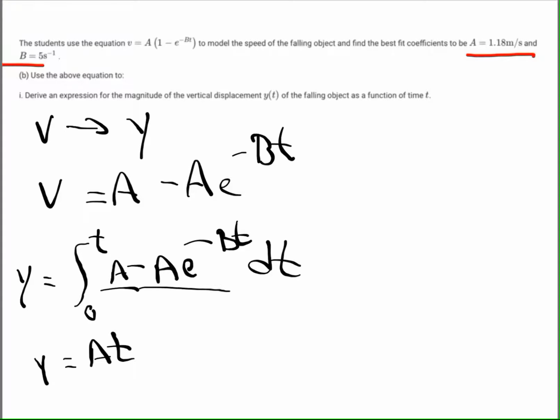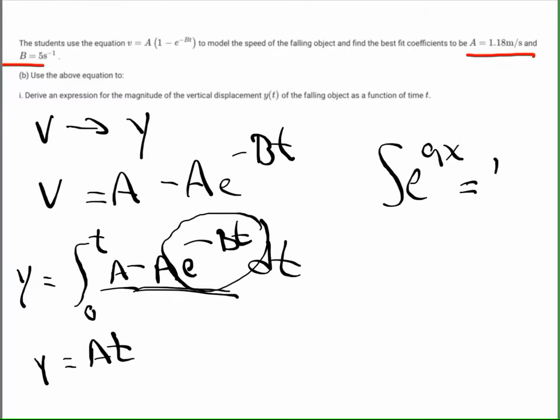Now, the nice thing is on your reference table, they give you the integral of e to the ax. And that's just 1 over a times e to the ax. Okay, so we're going to take advantage of that.